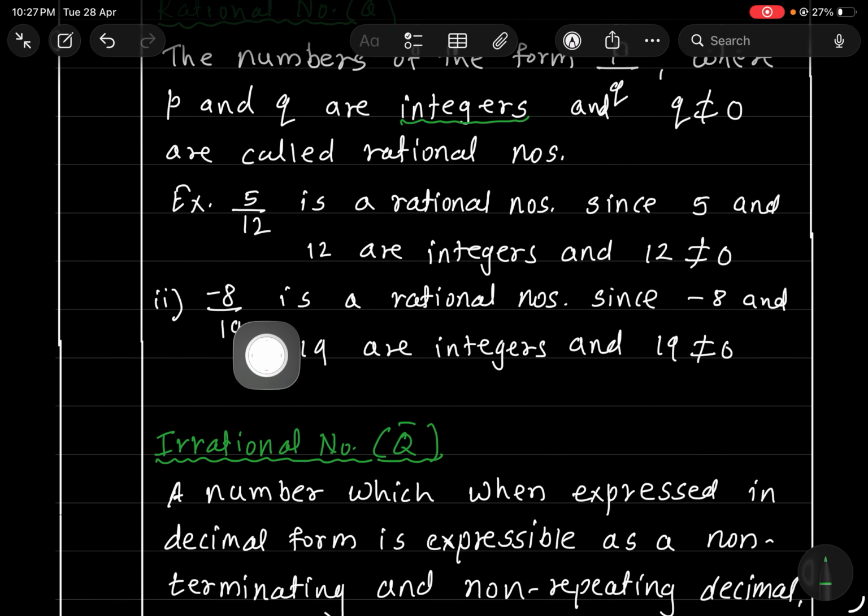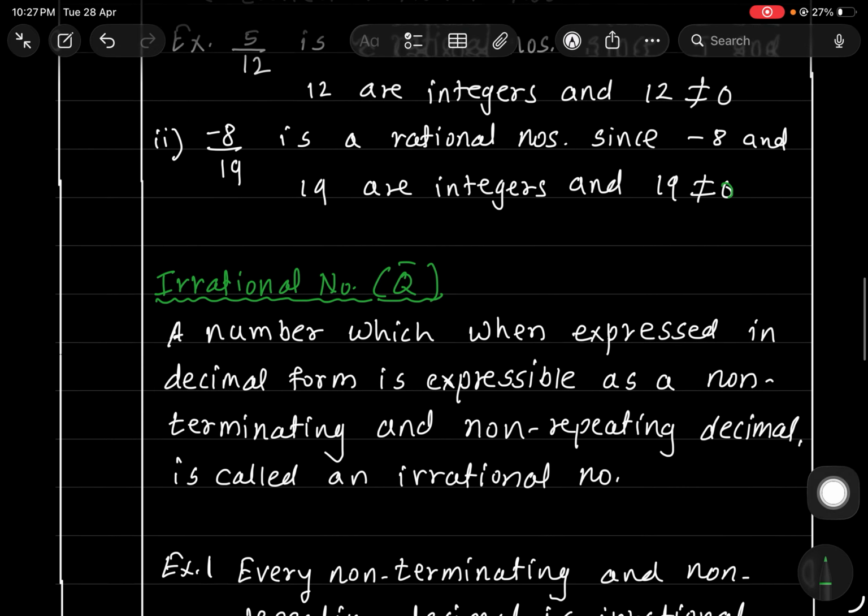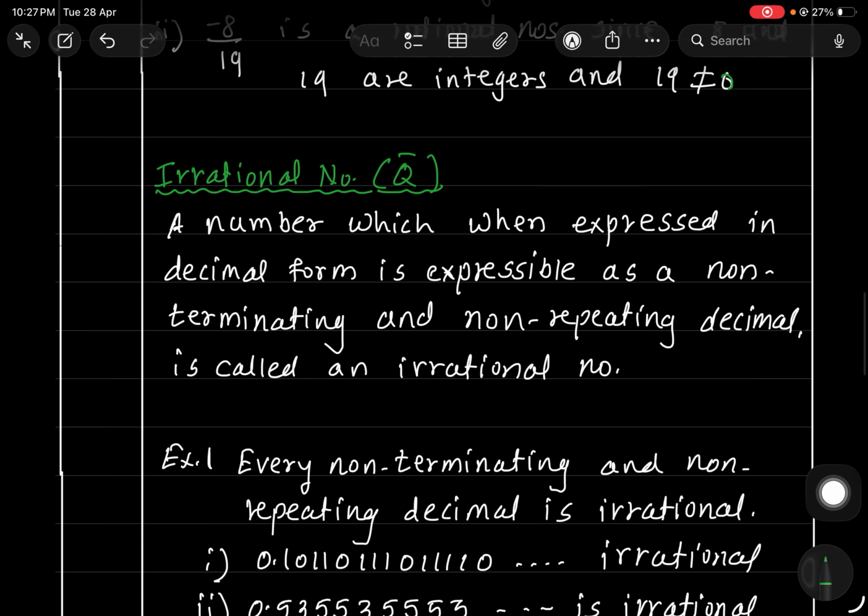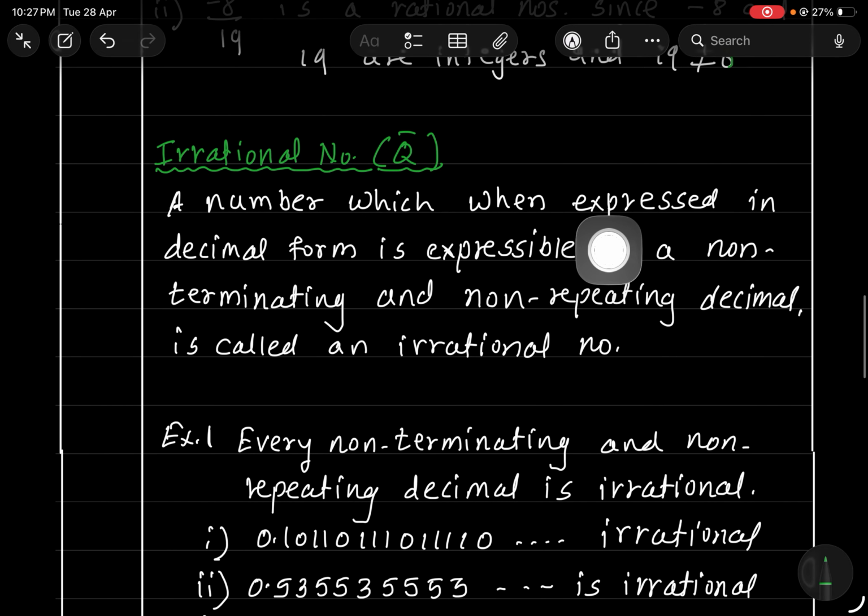Then minus 8 upon 19: minus 8 and positive 19 are integers, and together this form of P upon Q is a rational number, and 19 is not equal to 0. Okay, so now next, irrational number. Irrational number is denoted by Q bar, a number which when expressed in decimal form is expressible as non-terminating.